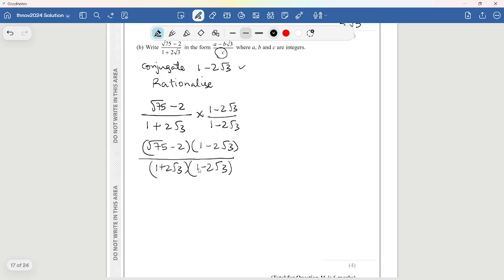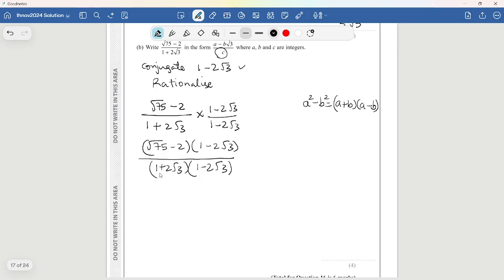Now we will have to simplify. We have to expand the terms in the numerator and denominator and try to simplify as much as we can. So I'm going with the denominator first. I'm writing the denominator here. Now the denominator is of the form using the difference of squares, where a squared minus b squared is a plus b times a minus b.